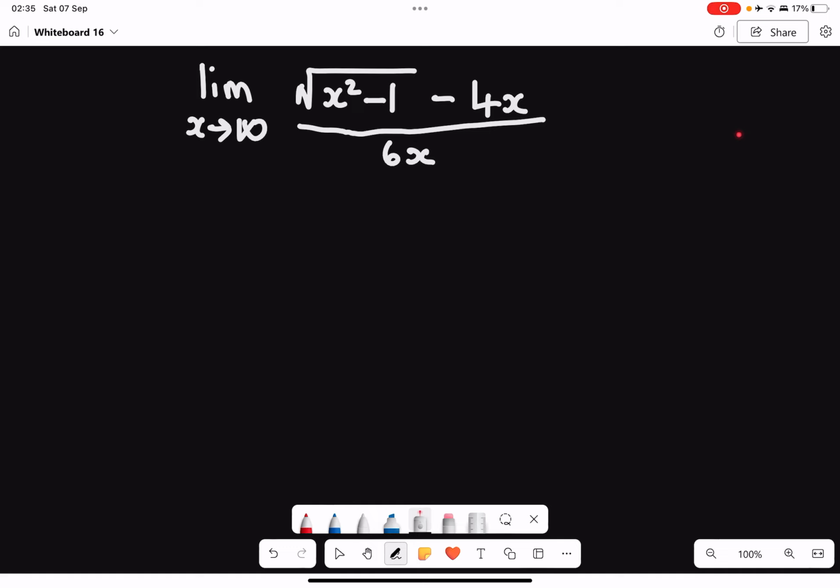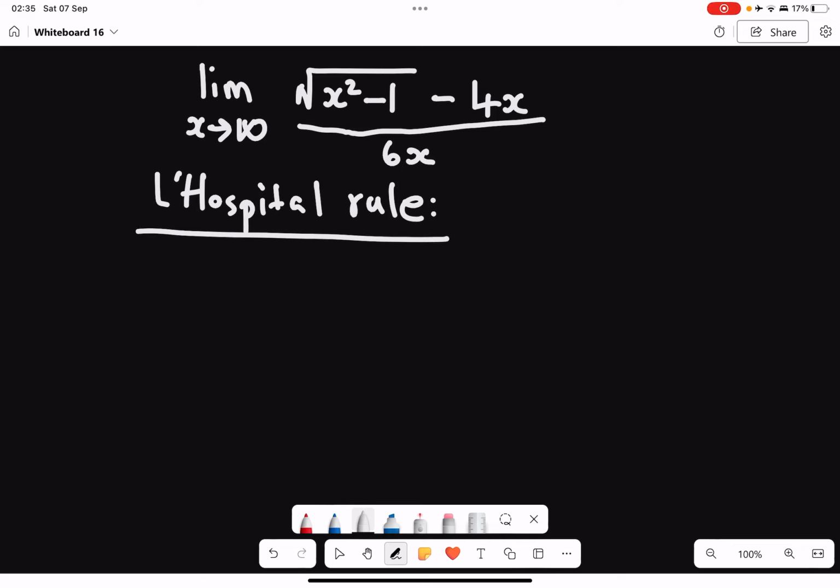L'Hopital's rule says if I have the indeterminate form, I can perform the derivative of the numerator and the derivative of the denominator.